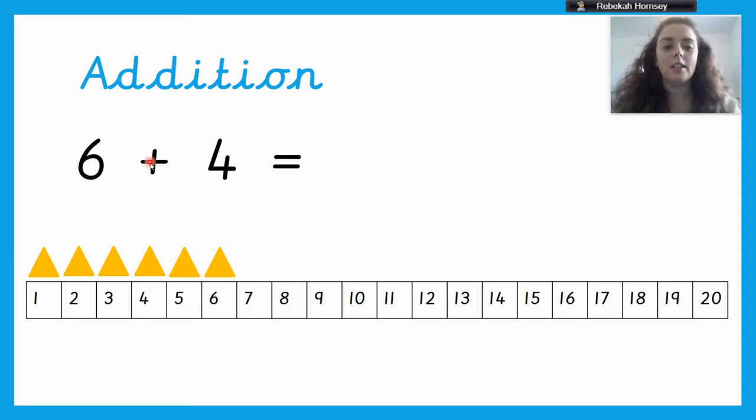Now my number sentence says I need to add 4. So that means I need to get 4 more. 1, 2, 3, 4. Now can you see the last triangle sits on the number 10. So I think that my answer is 10, but I can check that by counting the triangles.